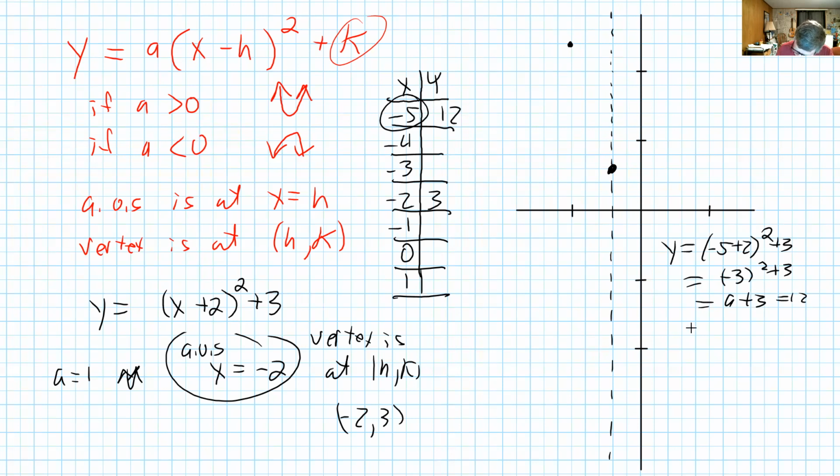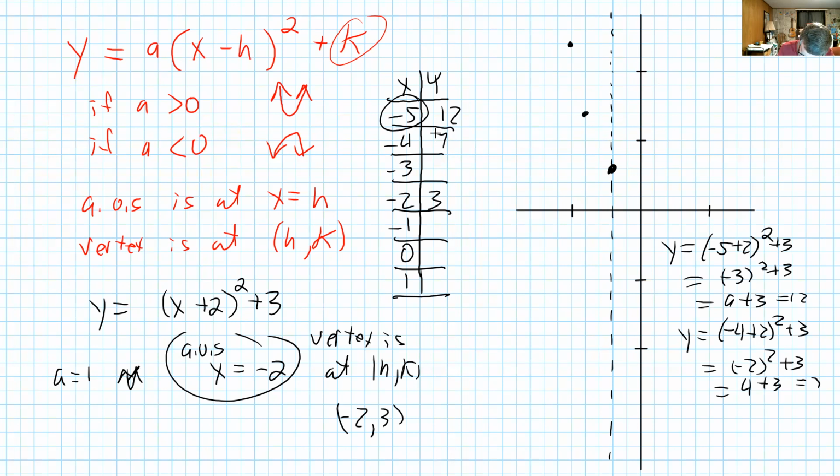For -4, y equals (-4 plus 2) squared plus 3, which is (-2) squared plus 3, which is 4 plus 3, which is 7. So -4 is at 7.